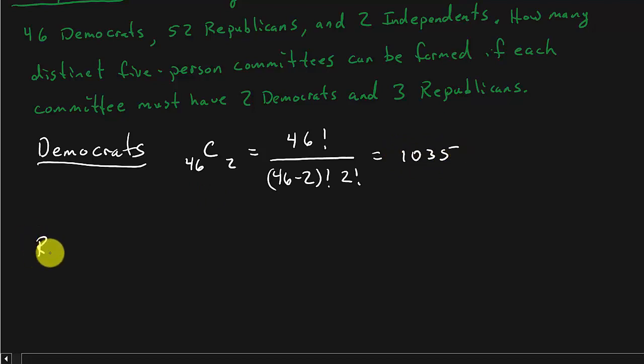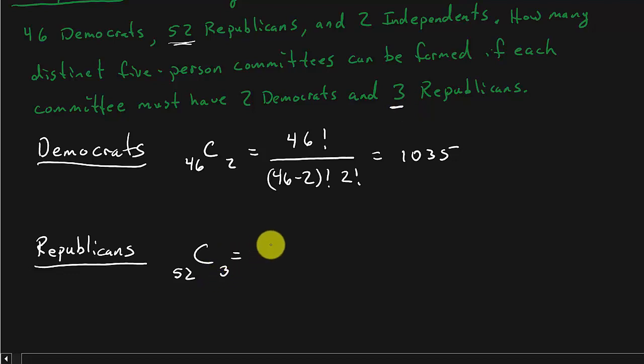All right. Now I need to get the Republicans. So how many ways can I choose the Republicans? Well, there's 52 Republicans, and I'm choosing 3 of them.